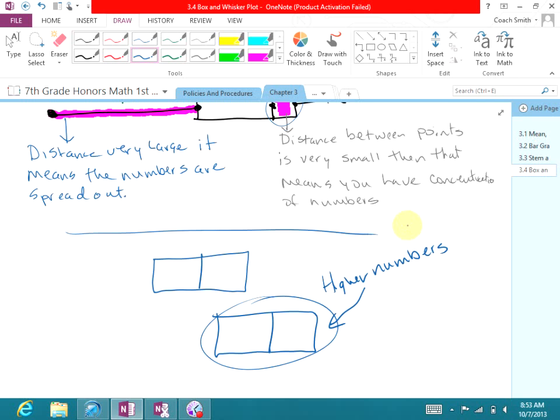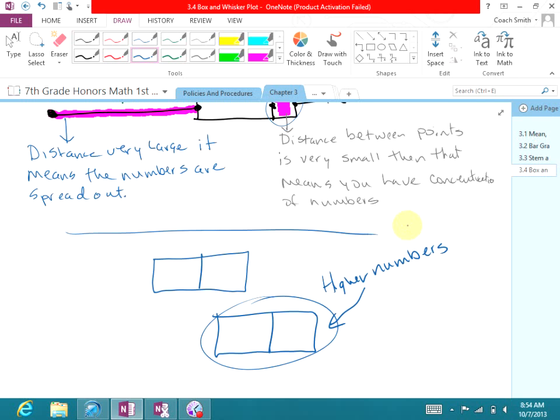But let's say this was the ages at a family reunion. Okay, well, you could say everybody was above 43. That's a conclusion you could make. You could also say that over half the people there were above age 82. That's a conclusion that you could give for just one box and whisker plot where you're not having to compare them.